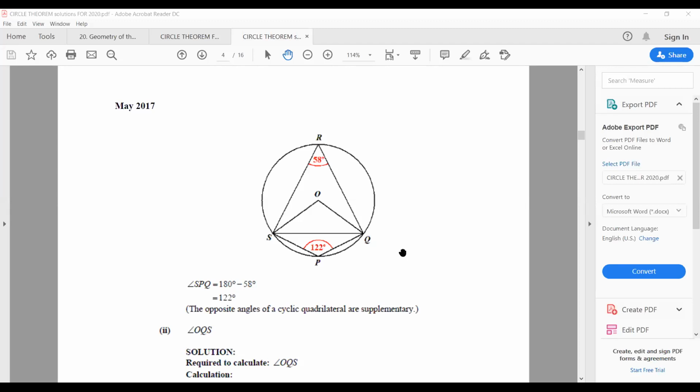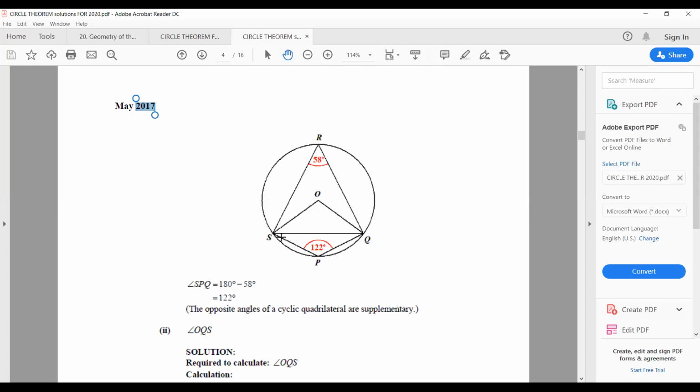All right. The 180. Where do I get 180 from? Yes, sir. Okay, so as you can see here, it's a cyclic quadrilateral, right? R to S, S to Q, Q to P, and P to S. It forms a quadrilateral. And the theorem that I'm talking particularly about is theorem 6.